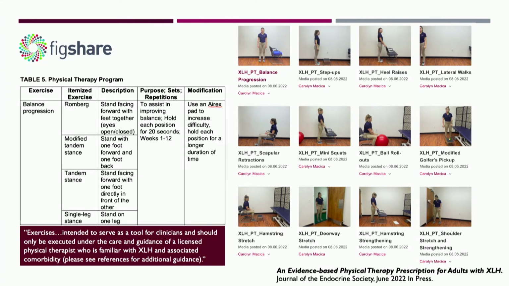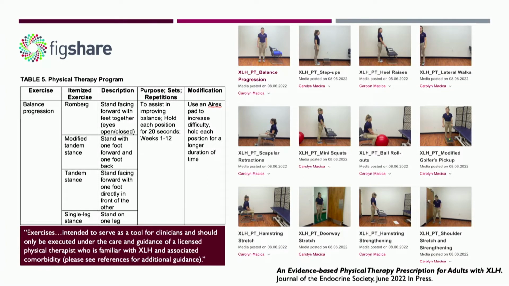So here are the exercises that are uploaded onto Figshare, which are included in the paper, in which there's a hyperlink for each one of these. And the way this particular data has been shown is that here's the exercise, balance progression. Again, we're targeting balance here, which is a very significant issue with these individuals.